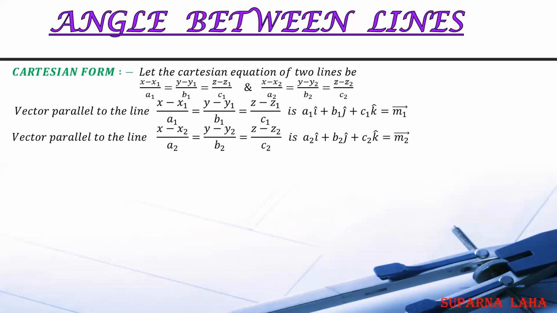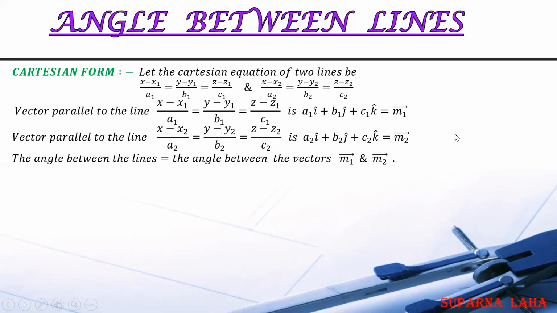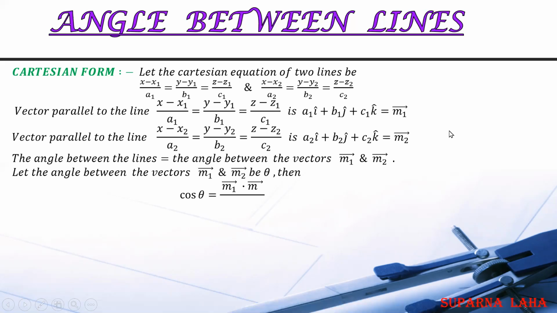Now if we have these two vectors, we can easily say that if the angle between these two lines is theta, then the angle between these two vectors is also theta. So we can write the value of cos theta with the help of the dot product, same as the vector form.